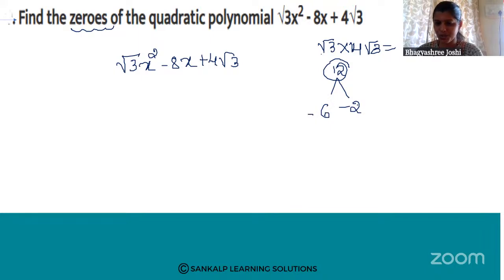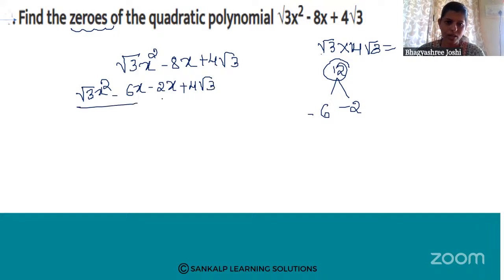Minus 6 minus 2 is minus 8, and minus 6 into minus 2 is plus 12. So the polynomial becomes root 3x square minus 6x minus 2x plus 4 root 3.